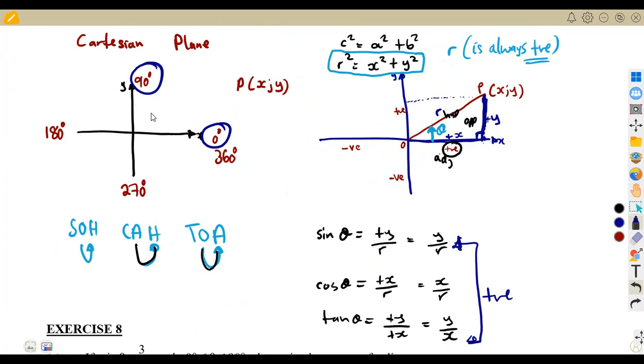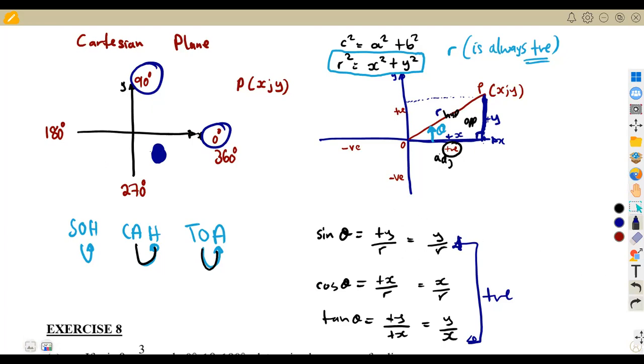There is no way that we are going to have two of the trigonometrical ratios being positive in the other quadrants. In those, it is only one ratio which is going to be positive. So it is only in the first quadrant where you see the two being positive or all three being positive.